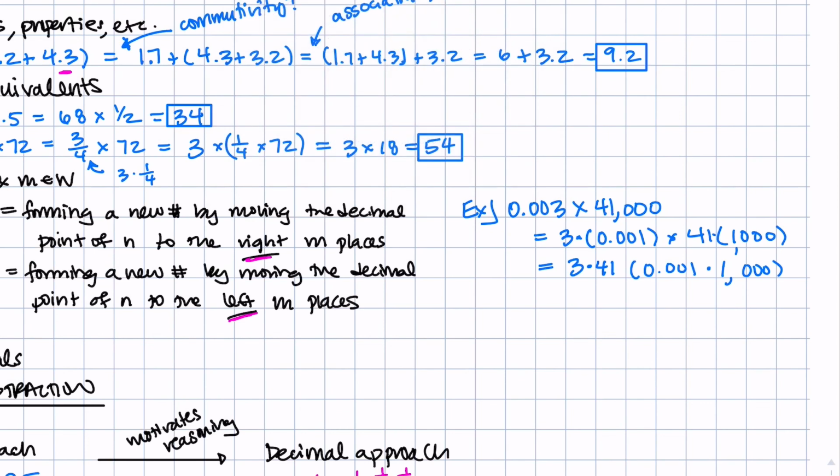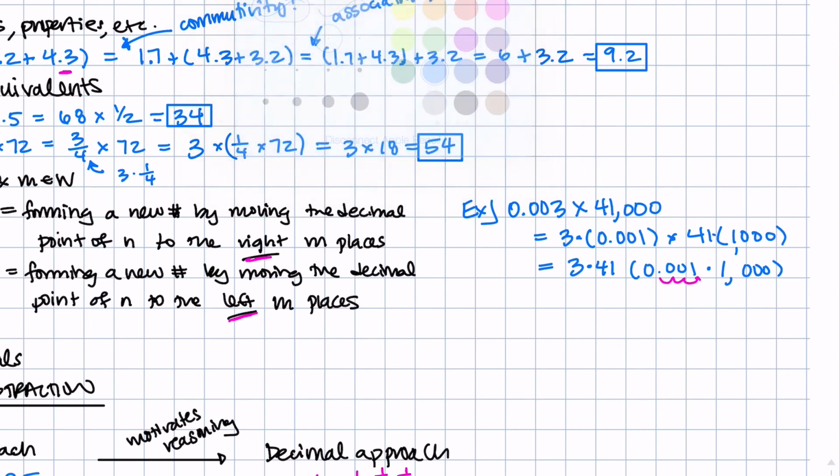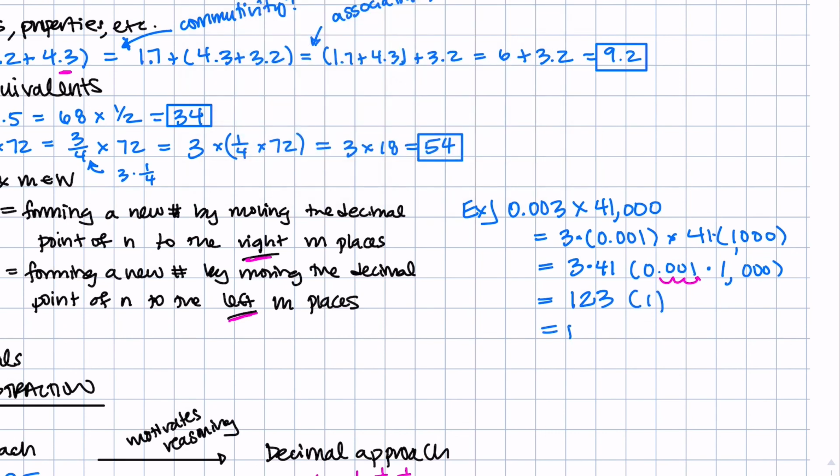And this 0.001 times 1,000 just tells me, when I multiply by 1,000 here, to move this decimal place 1, 2, 3 to the right. In other words, this is just going to be 3 times 41, which is 123, and multiplying 0.001 by 1,000 gives me that this piece on the right is just 1. Right, so this is 123.